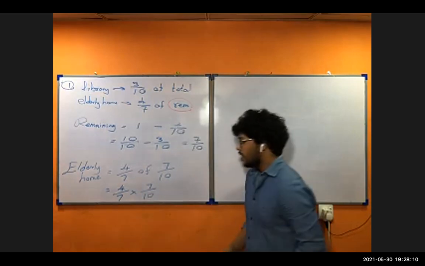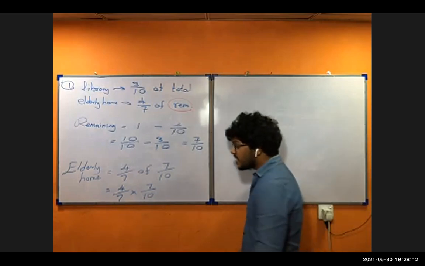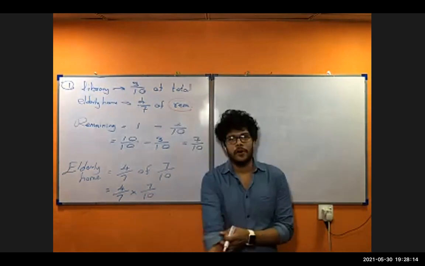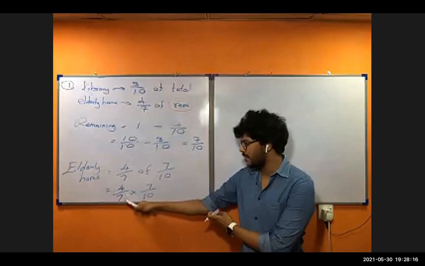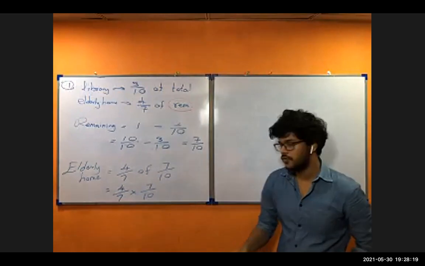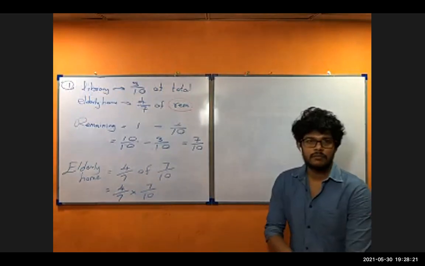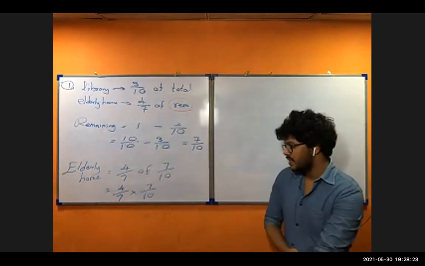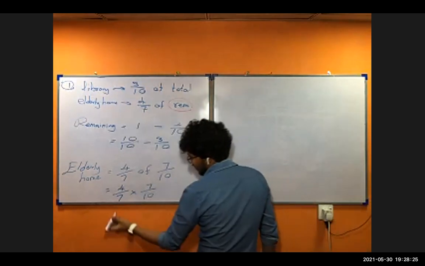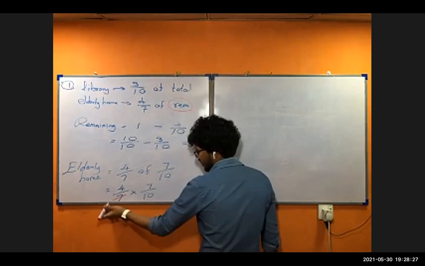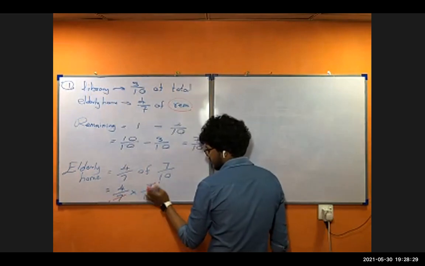Then cancelling off: if there is a number at the top and the bottom and there's multiplication in between, you can divide the top and bottom by the same number. That means 7 divided by 7 is 1.